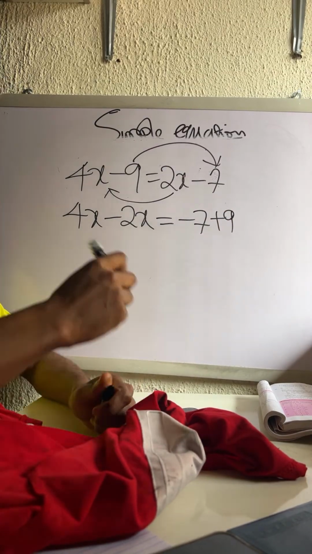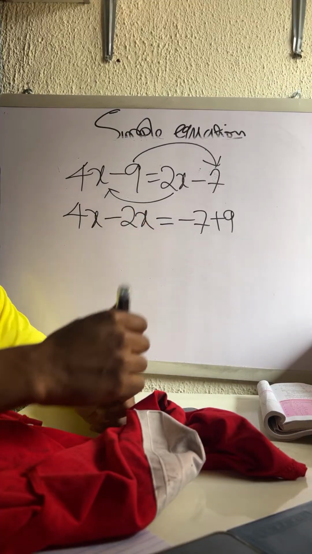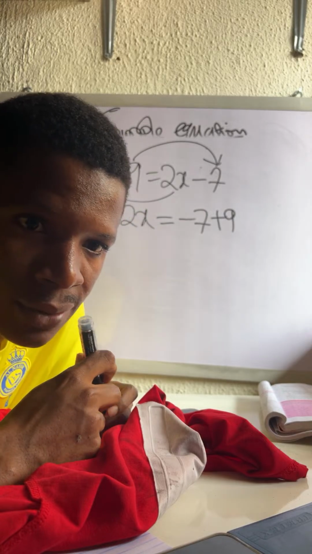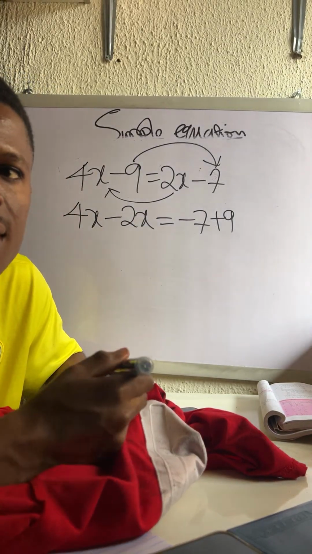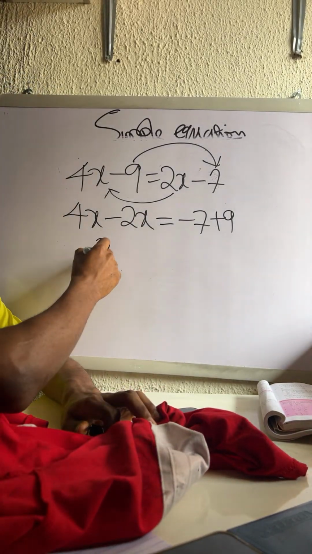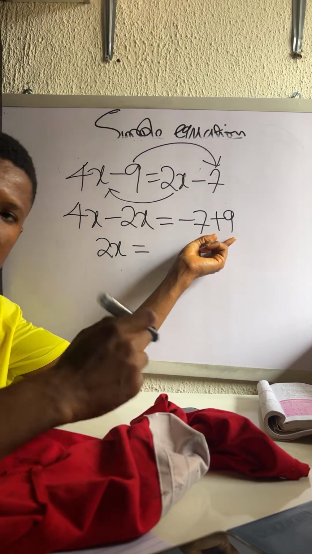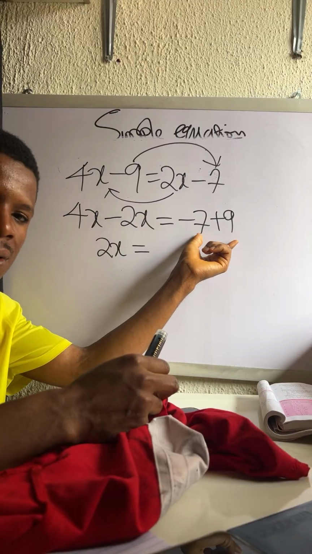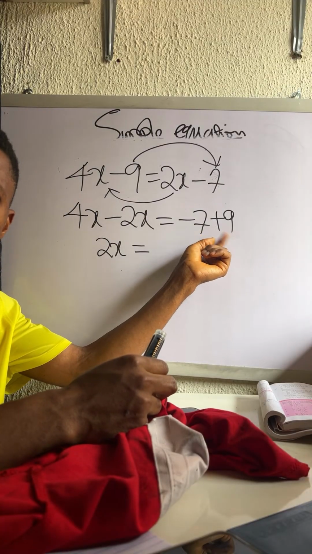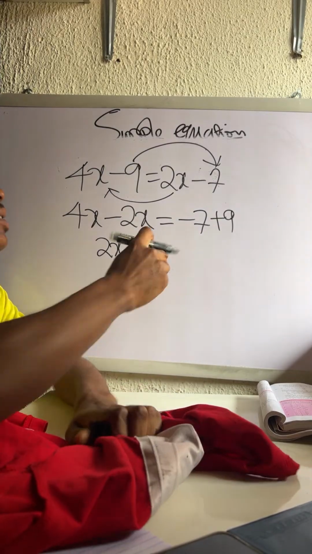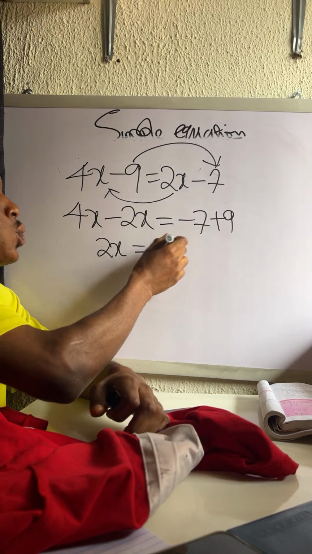So now you have 4x minus 2x. What's 4x minus 2x? 4x minus 2x is 2x, and that's equal to minus 7 plus 9. Minus 7 plus 9 is 2.